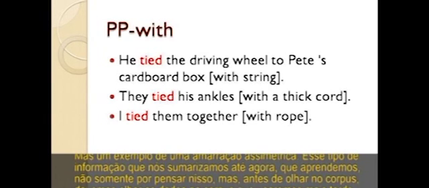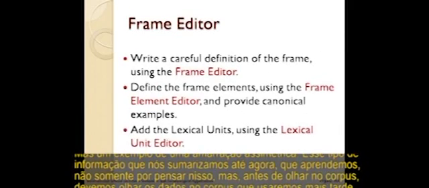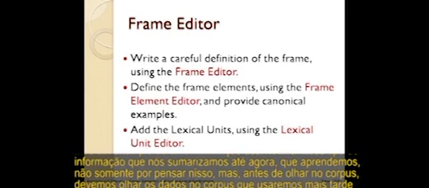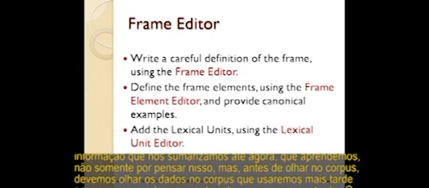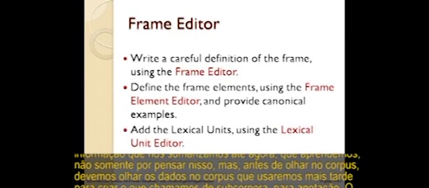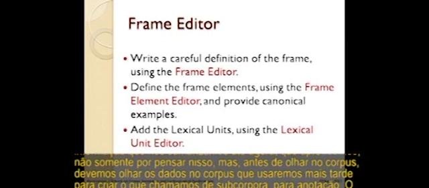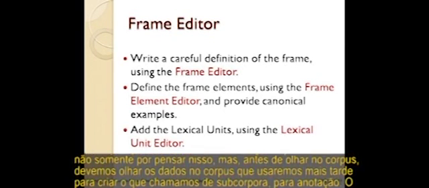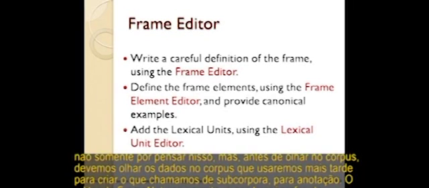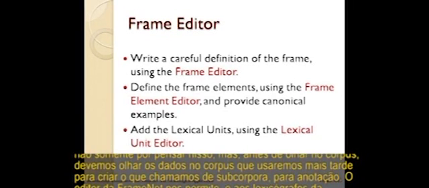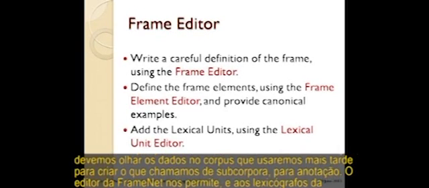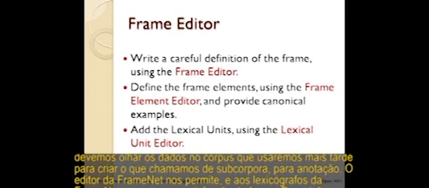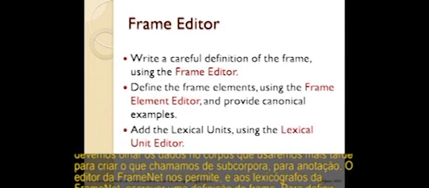Okay, so this type of information that we surmised, that we learned about, not only from thinking about it before we looked at the corpus, but from seeing the data in the corpus, we use later on to create what we call subcorpora for annotation.